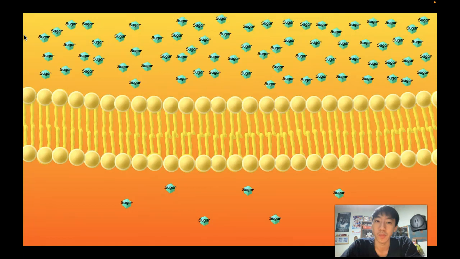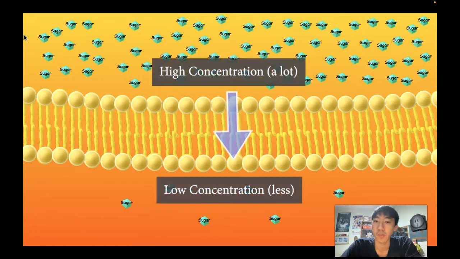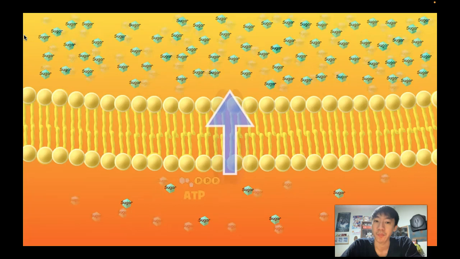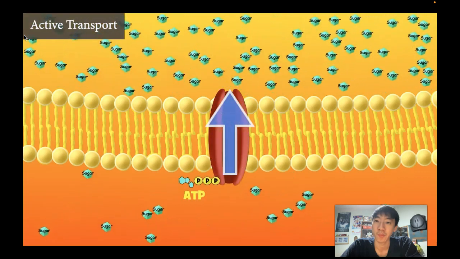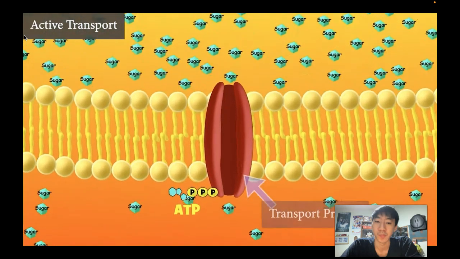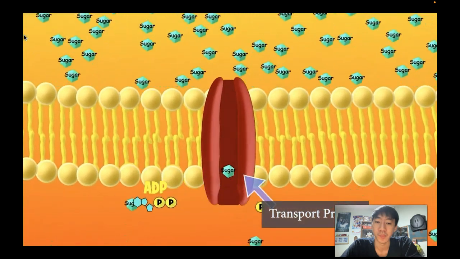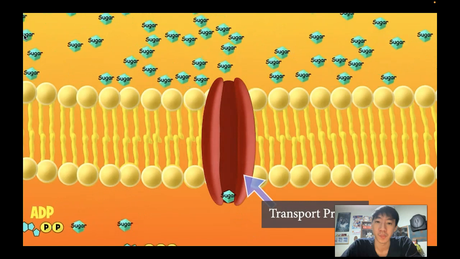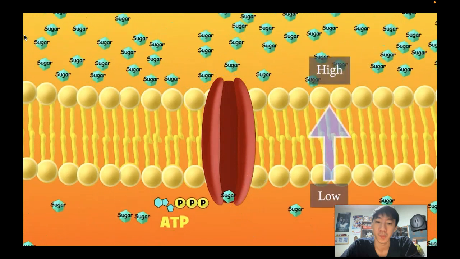Naturally, molecules and ions move from areas of high concentration to low concentration, down their concentration gradient. But what if you need to move them the other way, from low to high concentration, against their concentration gradient? This requires energy and is called active transport. In active transport, ATP energy and transport proteins are used to pump particles against their concentration gradient, from low to high.